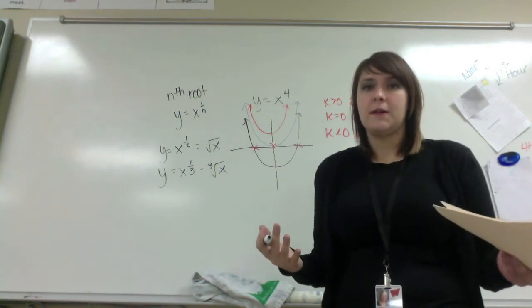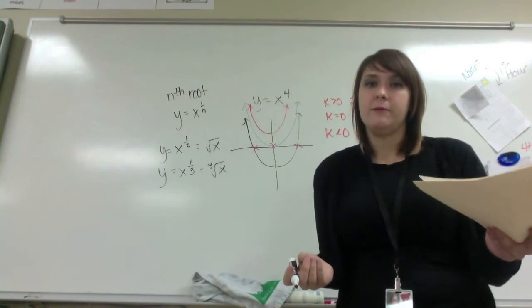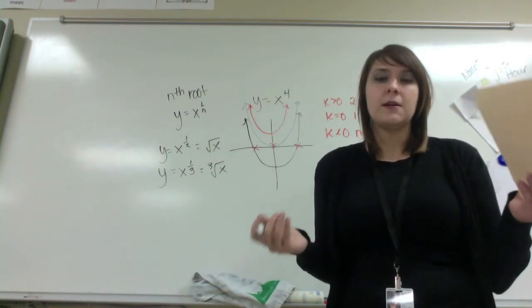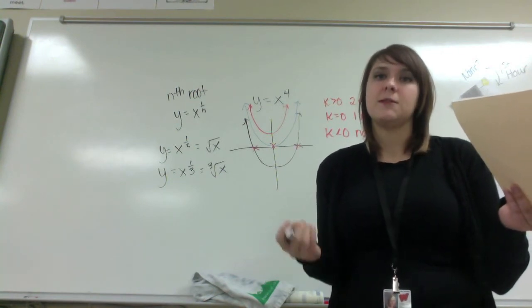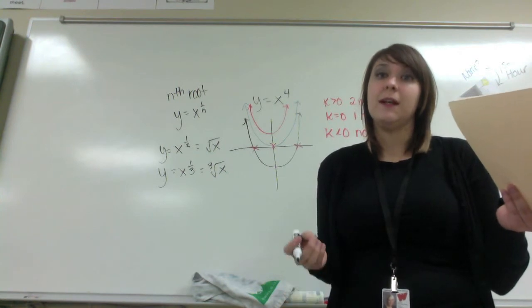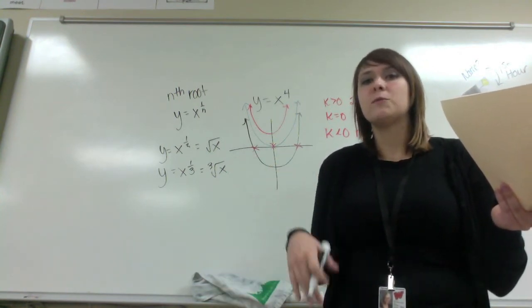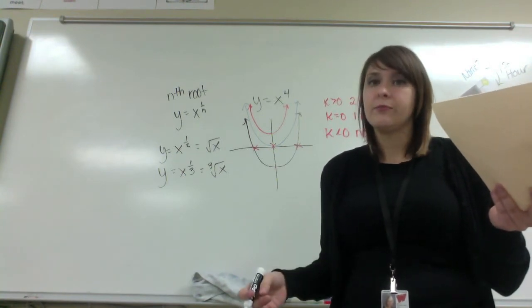The way that I like to think about it is when I have something to an odd power, so let's say I have -2 to the 3rd. -2 to the 3rd would be -8, because -2 times -2 times -2 gives me -8. So if I take the cube root of -8, I get -2.